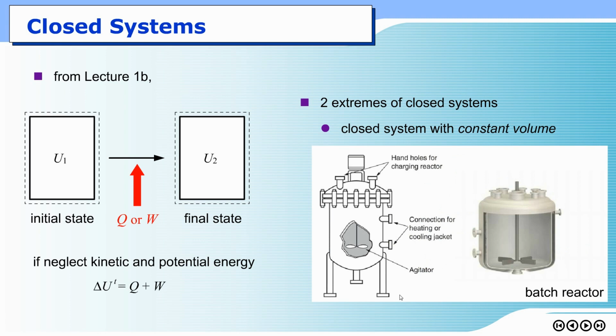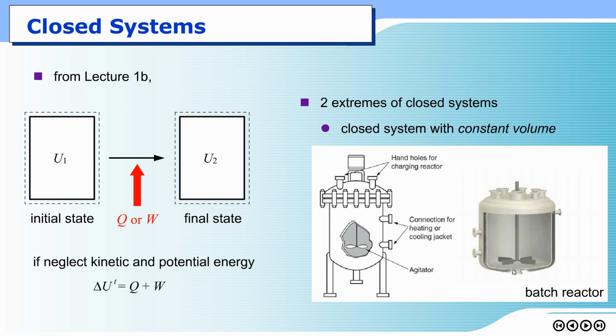If we scale it up in engineering application, the system that looks similar to a stirring beaker would be this equipment, which is called a reactor. Basically it is called a stir tank.